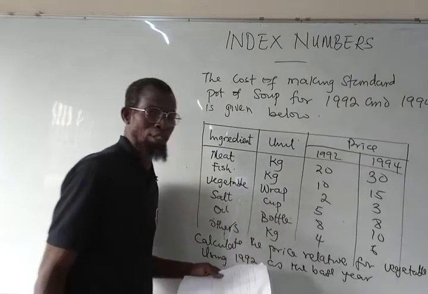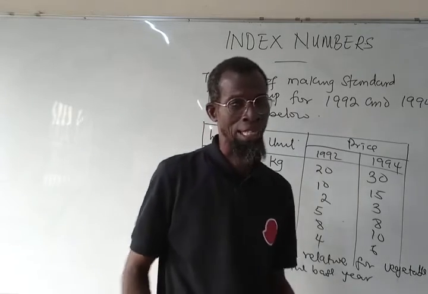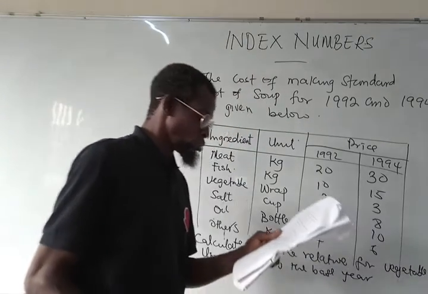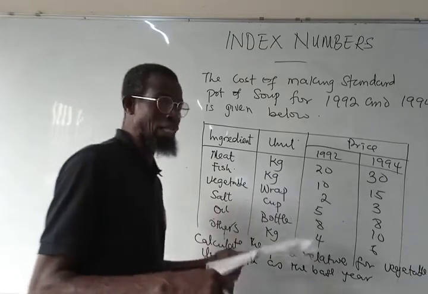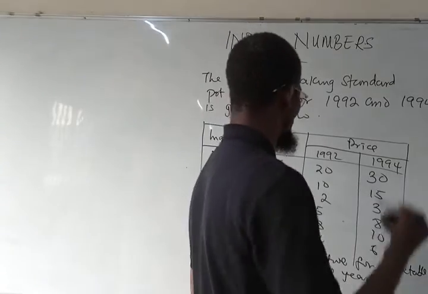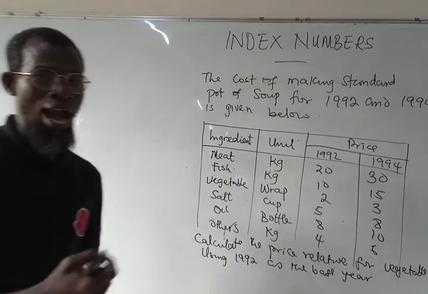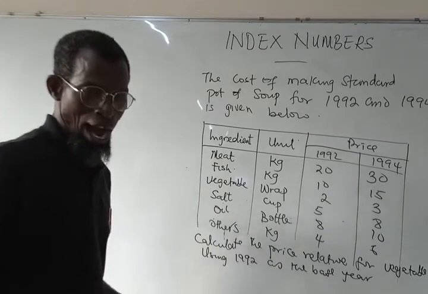We can see we're given the base year to be 1992. So remember that there are only 2 items we are asked to calculate, and we have a series of items.